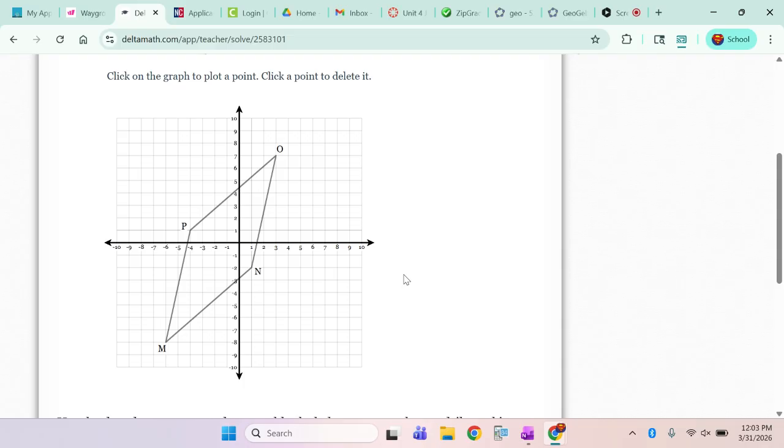So, 36 plus 49, what is that? 85. So then I take the square root, I still get the square root of 85. Now, if I check the other 2 sides, this will be 9, this will be 2.